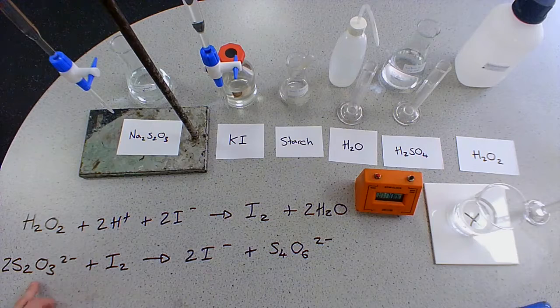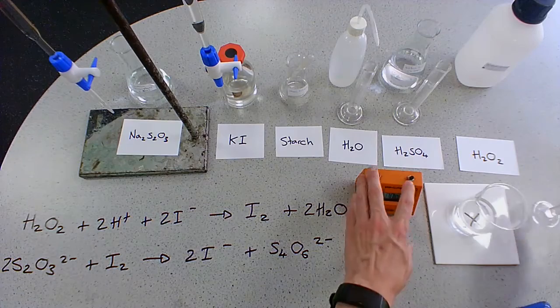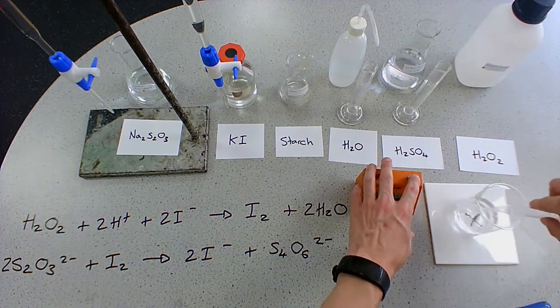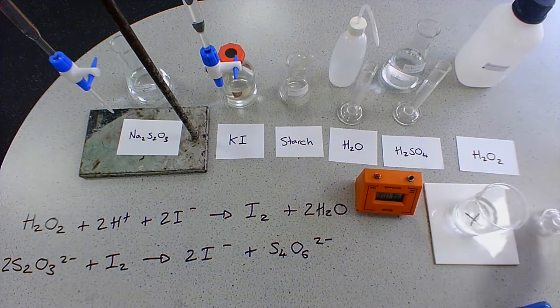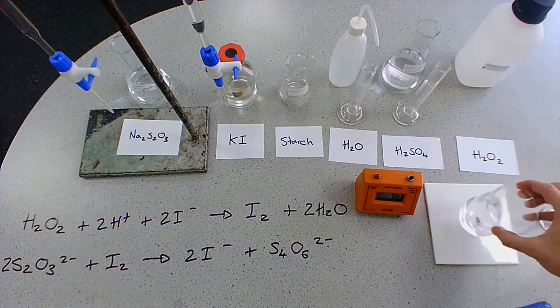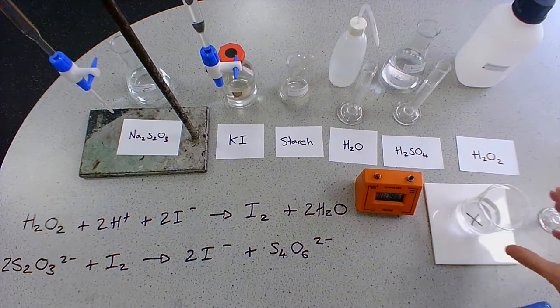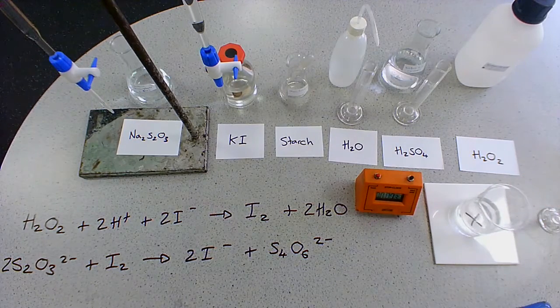And once the sodium thiosulfate runs out, then there will be iodine left in the solution, which will indicate with the starch, and we'll get that sudden change to blue-black. So we're going to add our hydrogen peroxide, start the timer, and give it a quick swirl. And then we're just going to time how long it takes until this solution changes color to that dark blue-black.